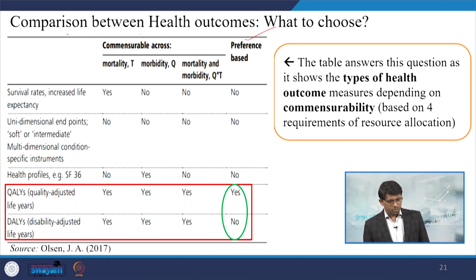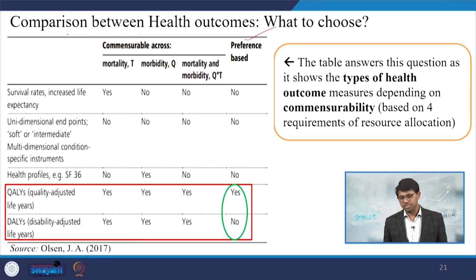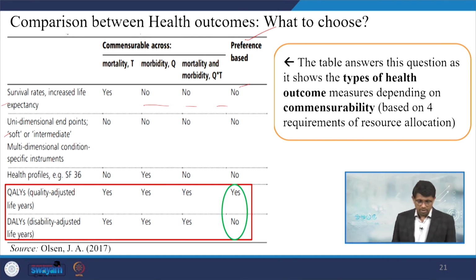That is mortality, morbidity, mortality and morbidity, and preference based, which we have stated from the very beginning. For each of the indicators you will hardly find figures like survival rates etc. Of course, it will be no here, hardly is preference noted because these are macro figures, individual figures are not noted. But in other cases I am just discussing the last two, that is QALY and DALY.